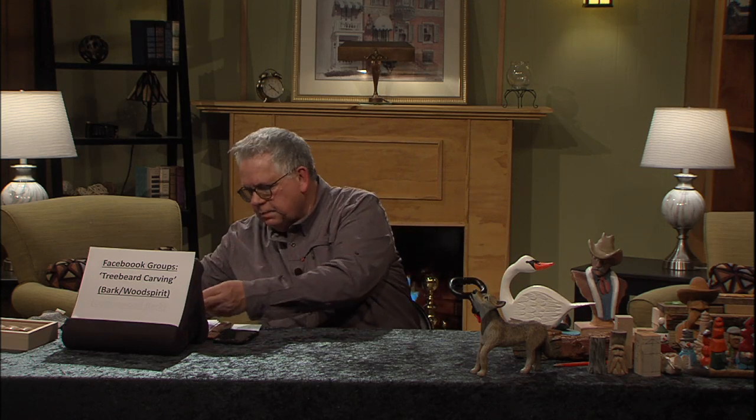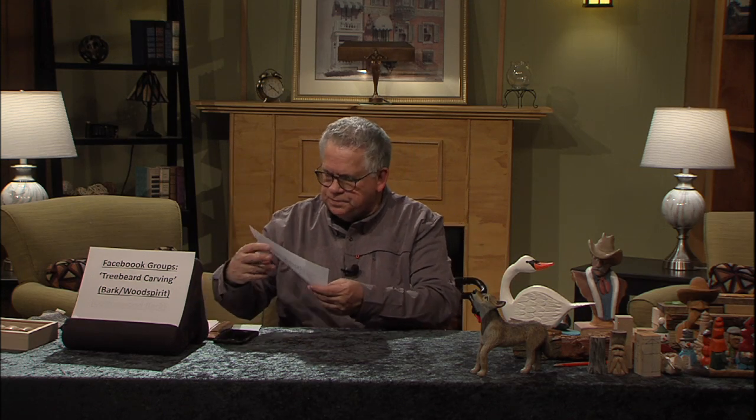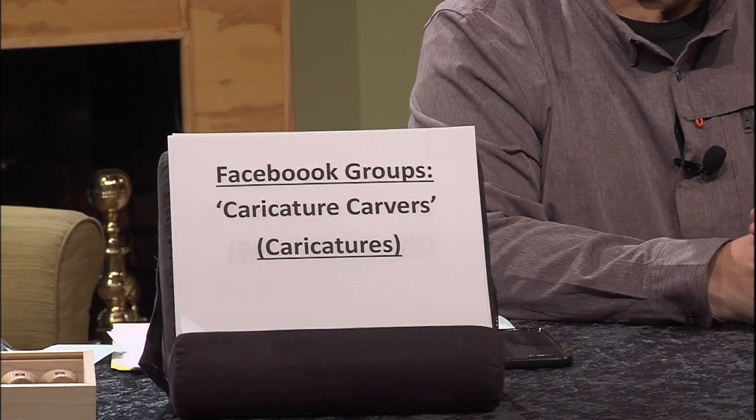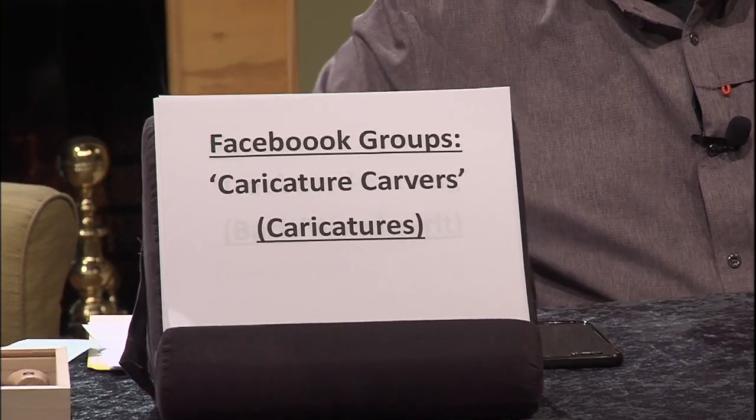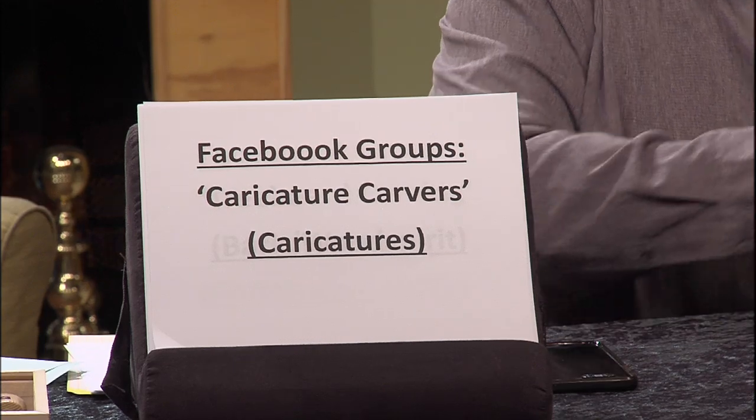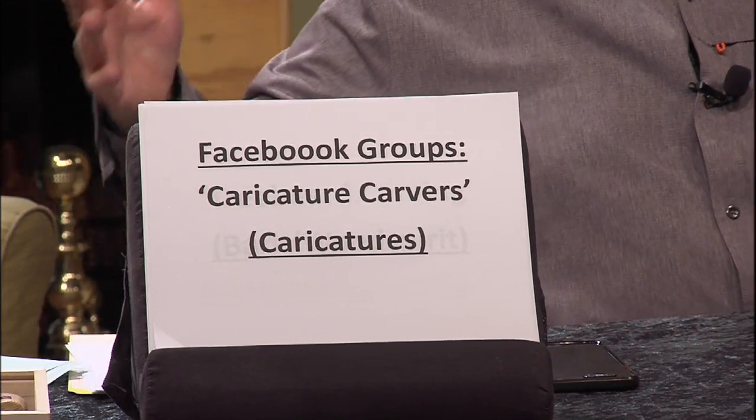Another Facebook group with a different kind of content is not hard to figure out the content because it's called caricature carvers, okay? Caricature carvers runs a massively wide range of types of content.